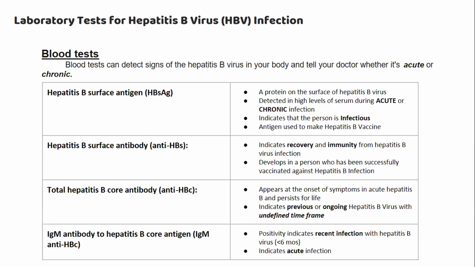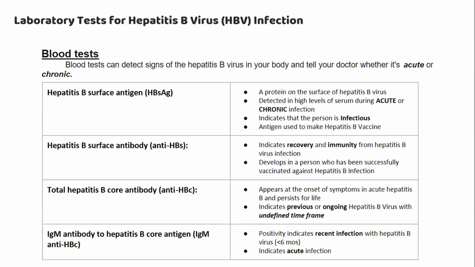So this can be detected in high levels in serum during acute or chronic hepatitis B virus infection. Always remember that if a person tests positive, then further testing is needed to determine if this is a new acute infection or a chronic hepatitis B infection.